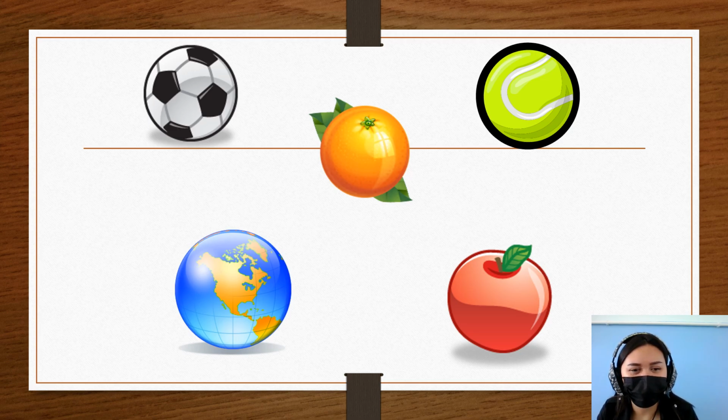You can see here a ball, an orange, a tennis ball, a globe, and an apple. So these are real things, and these things are examples of a sphere shape.